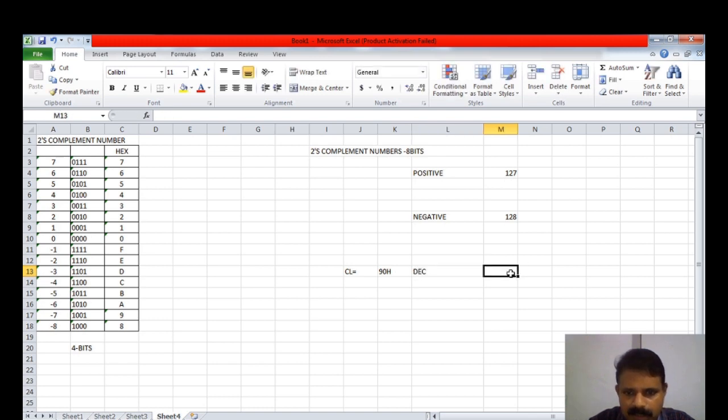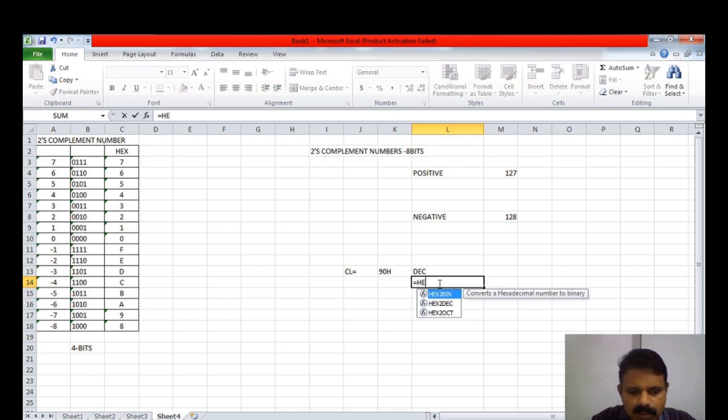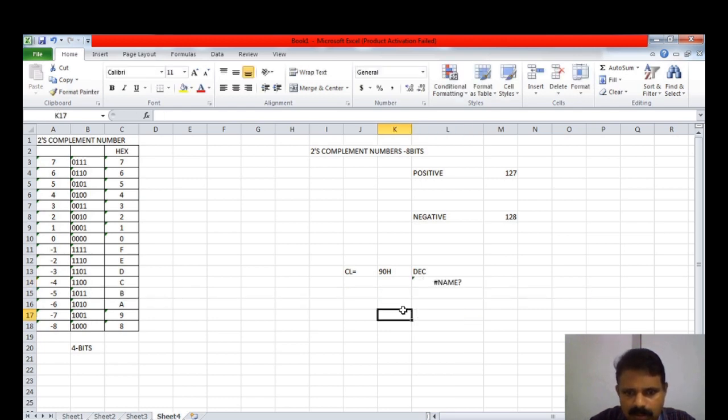If it is unsigned arithmetic, it will be 90 in hexadecimal.